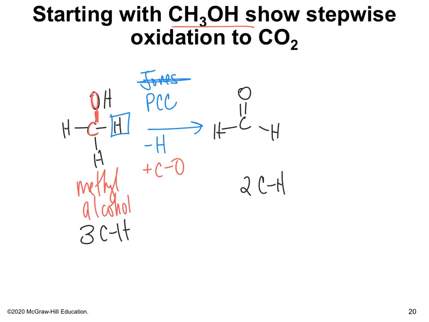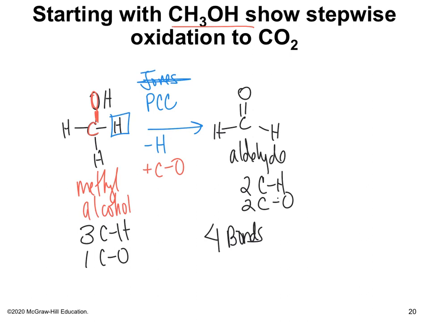Remember, carbon gets 4 bonds. So we have 1 carbon-oxygen bond. This has 2 carbon-oxygen bonds. This is an aldehyde. And then we can take away another hydrogen and do another oxidative step where we increase the carbon-oxygen bond. And that functional group would be a carboxylic acid.